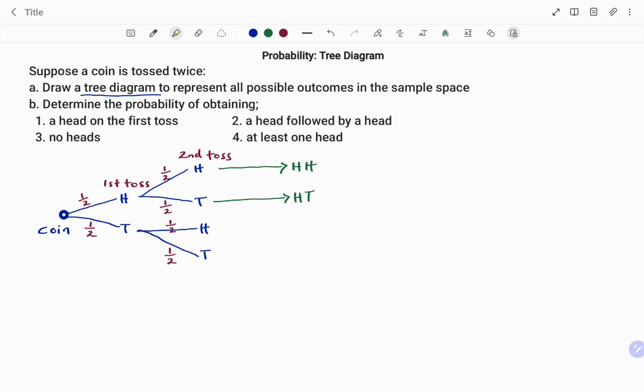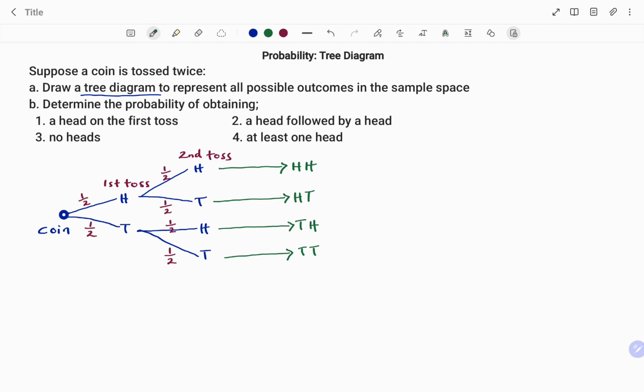We can also have a combination of a tail on the first and head on the second, and the last combination will be a tail on the first and a tail on the second.